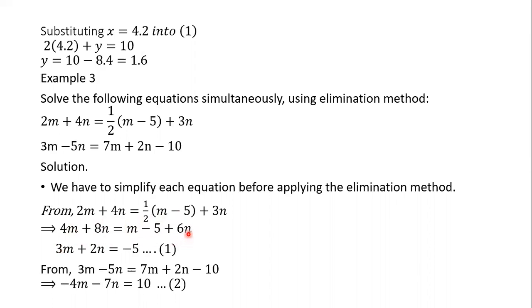When 6n goes to the left side, it becomes 8n minus 6n, which is 2n, equal to minus 5. Now we get our simplified equation 1. Agree? If you send all m and n to the left side, it becomes 4m minus m plus 8n minus 6n equal to minus 5. When you simplify, that gives 3m plus 2n equal to minus 5. Equation 1.